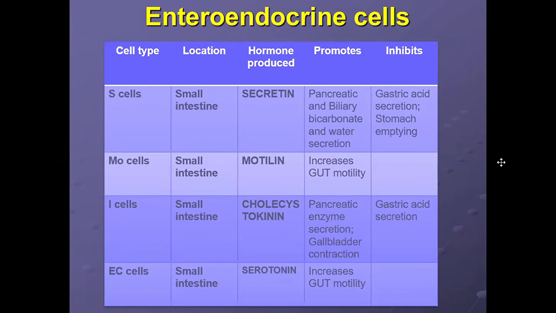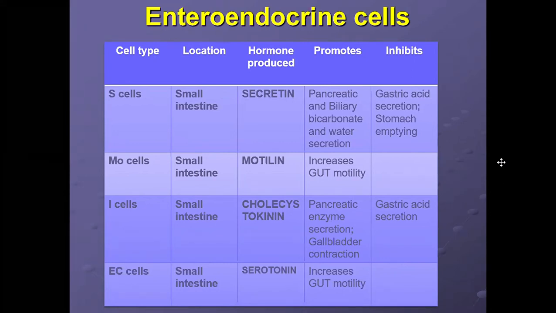And you see the different cell types and the hormones produced: secretin, motilin, cholecystokinin, and serotonin, and the action of which. Secretin: pancreatic and biliary bicarbonate and water secretion.